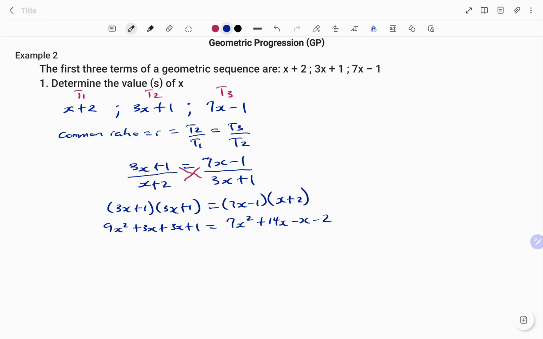If I collect all the like terms, I'm going to have 2x squared minus 7x plus 3 equals 0, making it a quadratic equation. If I factorize, I'm going to have 2x minus 1 and x minus 3. Therefore, my x is going to be 1 over 2, or my x is going to be 3.